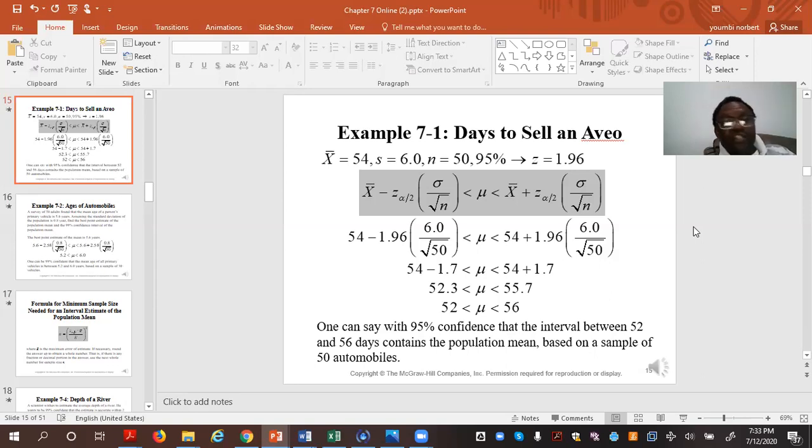So the formula is 28.1 minus 1.96 times standard deviation 4.7 divided by square root of 40. If you like, you first do square root of 40 alone. And the square root of 40 is 6.32. Then you do standard deviation 4.7 divided by 6.32.